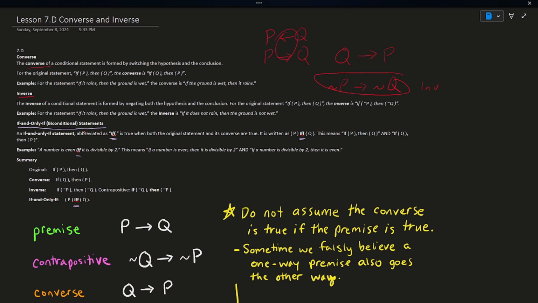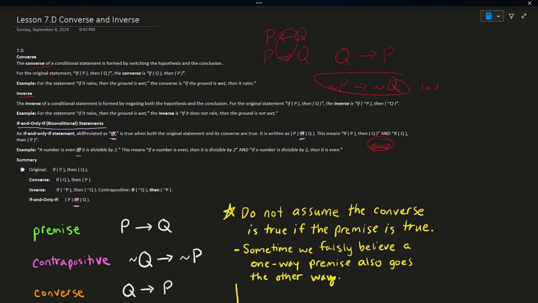Think of a two-way instead of a one-way street. Now we're going to have both ways, and that's actually the symbol. I think we go over that later. So a number is even if and only if it is divisible by 2. This means if a number is even, then it is divisible by 2, and if a number is divisible by 2, then it's even. Pretty simple.